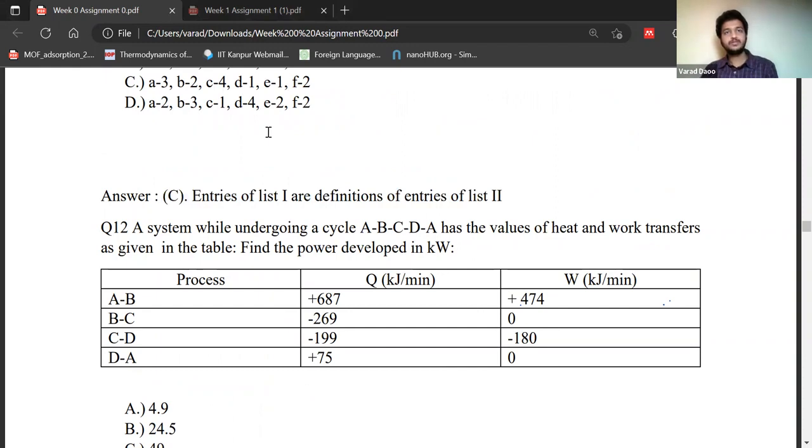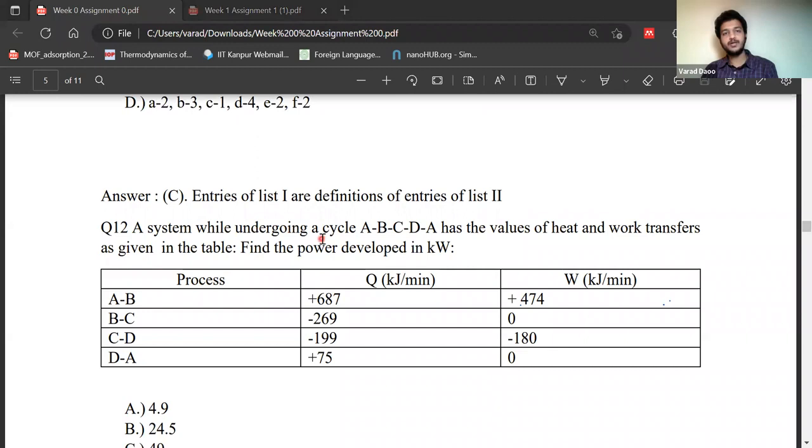What is the question? A system while undergoing a cycle. Cycle means it should come back to its initial position. So here you see A, B, C, D back to A. This is indeed a cyclic process, and it has the values of heat and work transfers as given in the table. What we need to do is find the power developed.